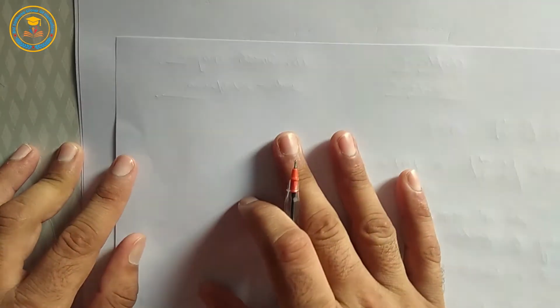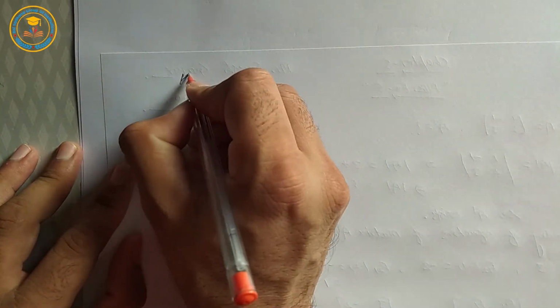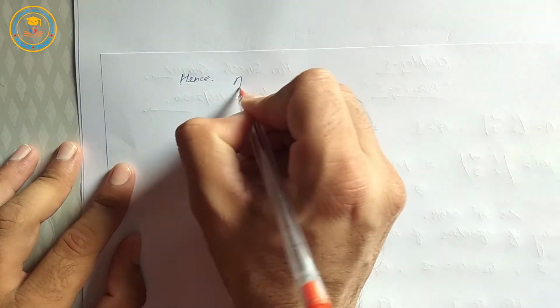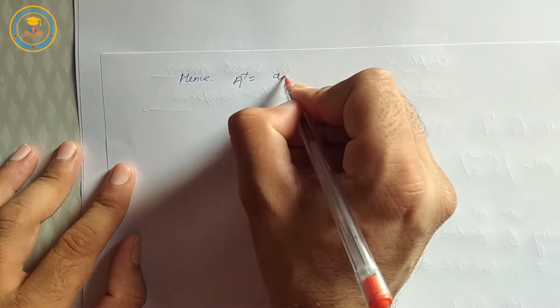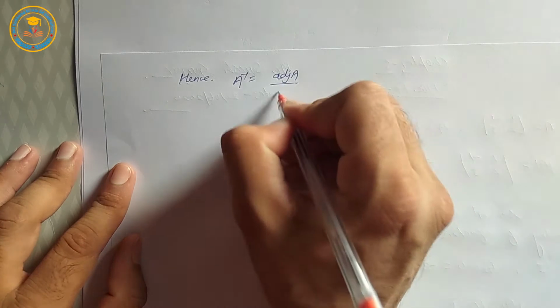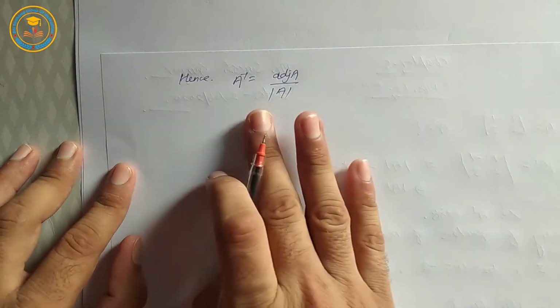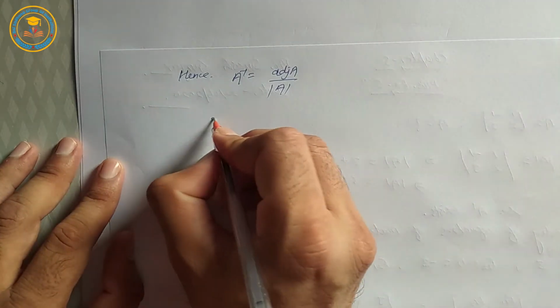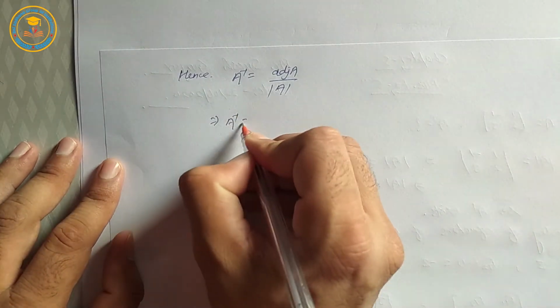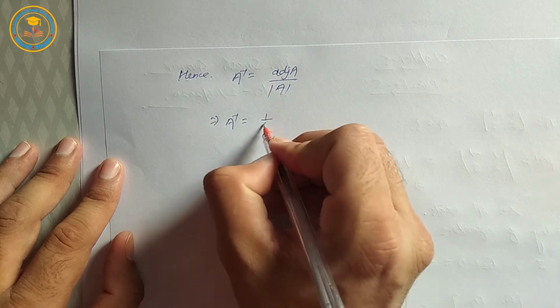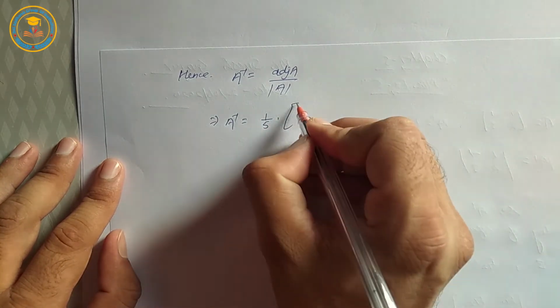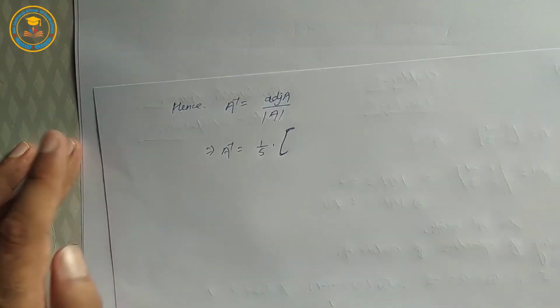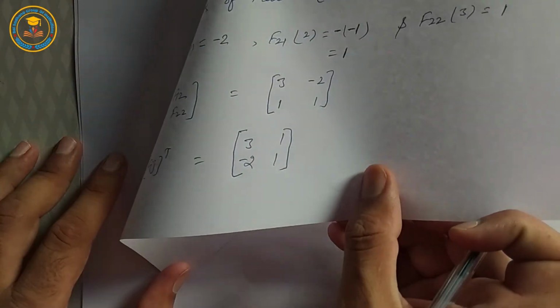Adjoint A. Hence, A inverse is equal to adjoint A upon determinant A. Formula of A inverse is equal to adjoint A upon determinant A. Implies A inverse is equal to 1 upon 5 into adjoint A, which is 3 1 minus 2 1.